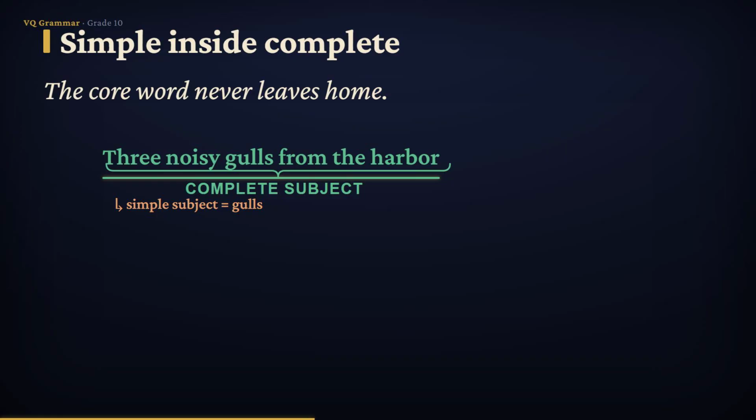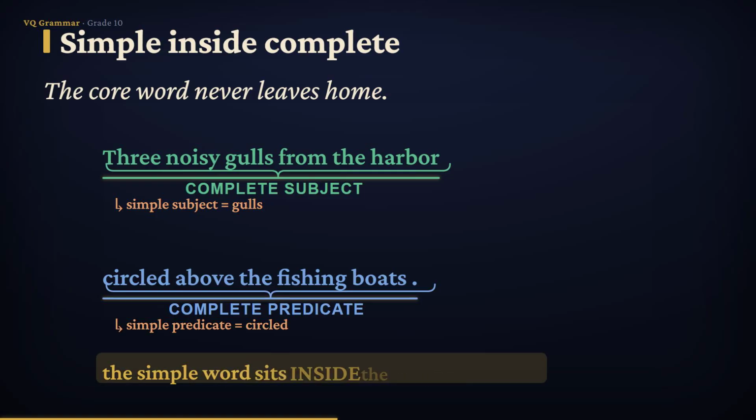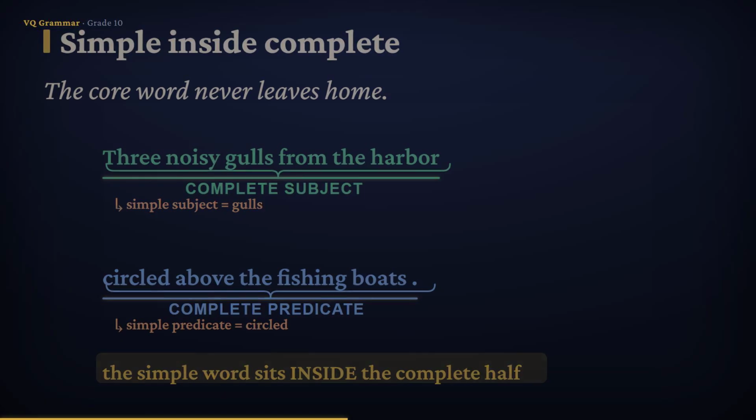And notice that gulls is still in there, tucked right inside. Now the predicate side. The simple predicate is circled, one bare verb. And the complete predicate is circled above the fishing boats, with the verb sitting right at its front. So the simple word always sits inside the complete half. Find the core, then sweep in everything that belongs to it.